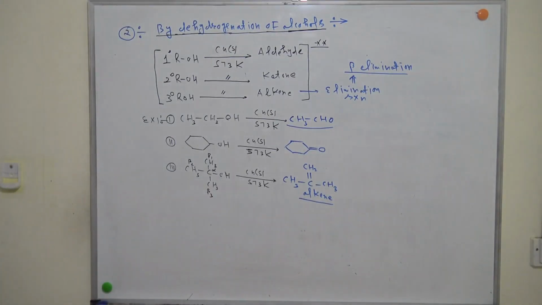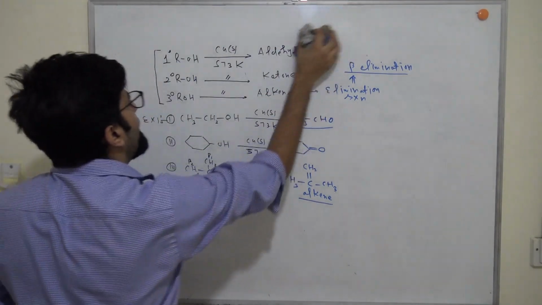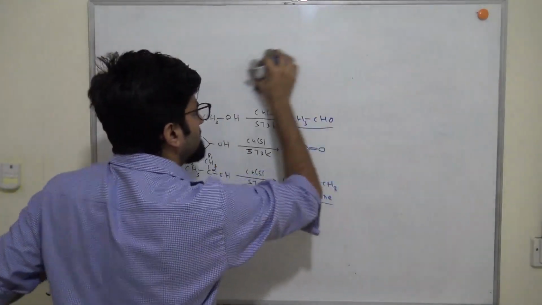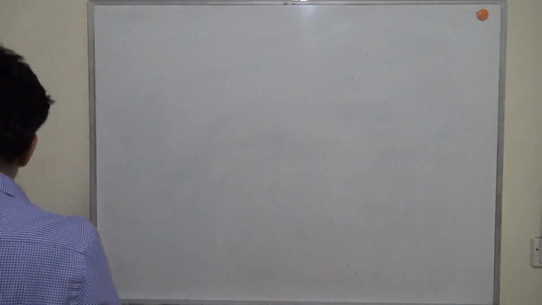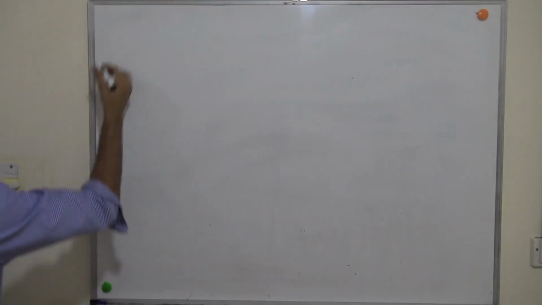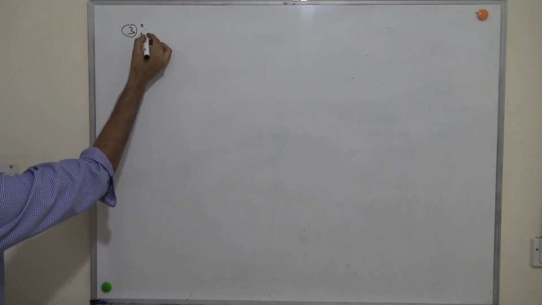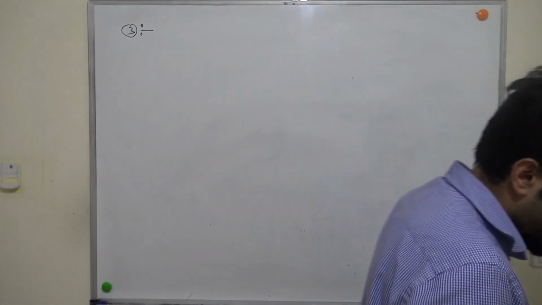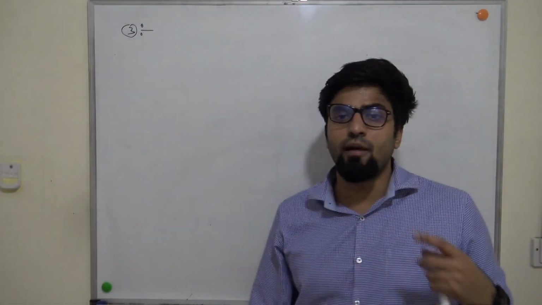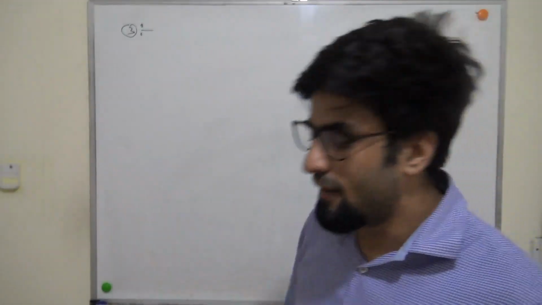Now, what is your third method? From alcohol we discussed two methods. First one is oxidation of alcohol and second one is dehydrogenation of alcohol.